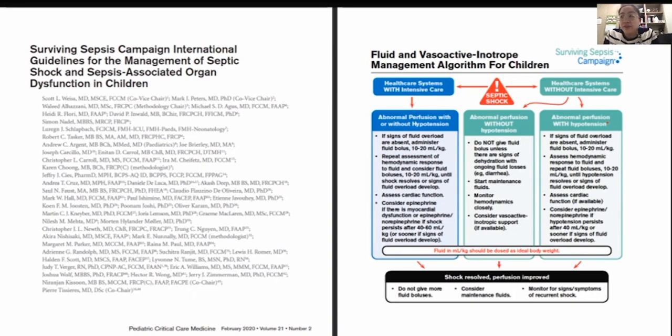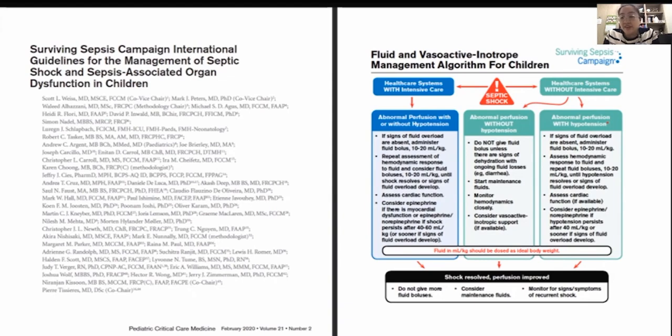And it was important to note that in the FEAST trial, if a child came in with an active diagnosis of gastroenteritis, they were not actually included in the trial because the child had active losses and they received standard fluid therapy.